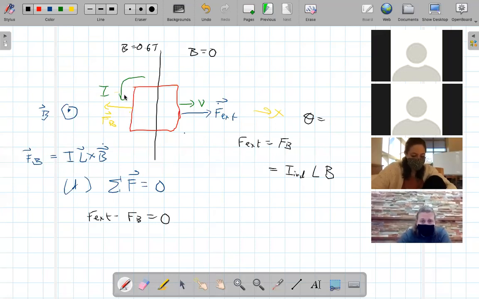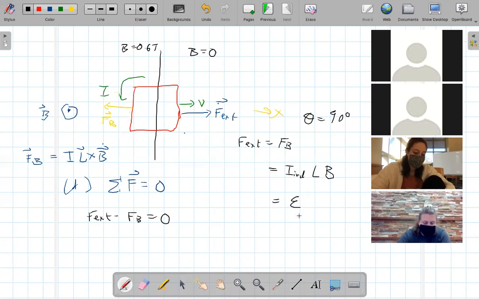So in this case, since the current's moving downward, magnetic field is outward, the angle between those two is simply 90 degrees. Right? These guys are perpendicular to each other. So since they're perpendicular to each other, sine of 90 here is simply equal to 1. So all this says is that the exterior force then is the induced current times the length times the magnetic field. So let's plug all that we have in. We also know that what?